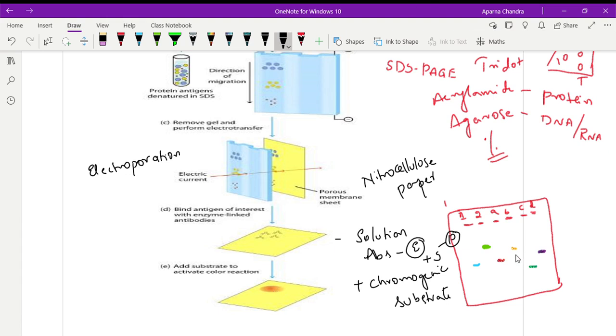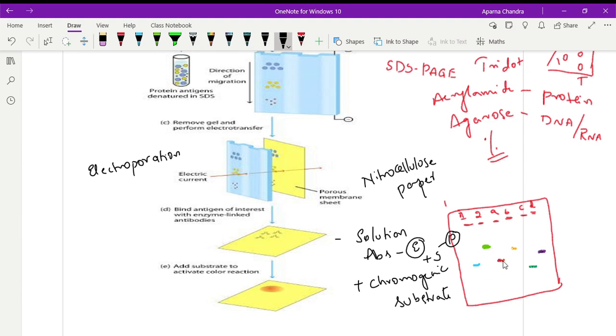Suppose this A sample is emitting a positive color, and one and two will definitely give the spots. Spot colors will be seen definitely, okay, for 1 and 2.